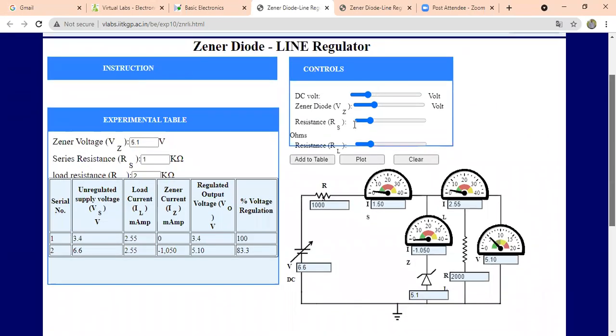Now we'll take one more value of this input voltage, add it to the table, and try to plot this.